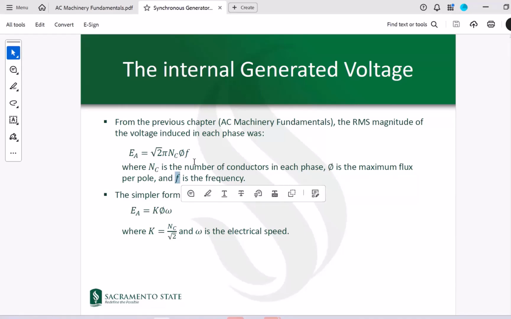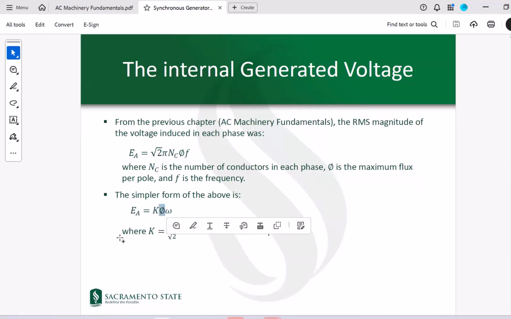So it gives you an idea that the rotational speed, which determines the frequency, the flux, and some constructional components, such as the number of conductors, determine the produced voltage. So the produced voltage is determined by the rotational speed, the maximum flux per pole, and a constant K, which is determined by the manufacturing conditions.